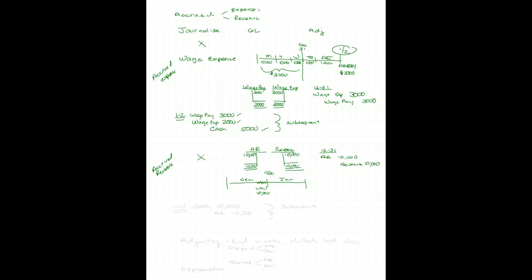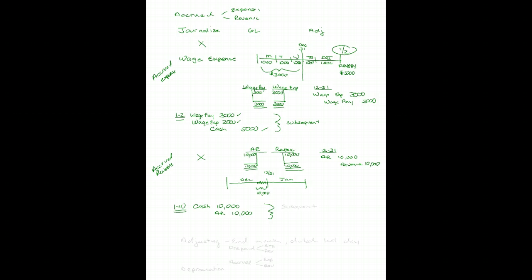Sometime in January, I'm going to get paid for this. One would hope, wouldn't you? Let's say on January 10th, that my customer paid me. So in January, next month, I'll pick up the cash of $10,000, and it doesn't go into revenue again. It comes out of accounts receivable. I already picked it up as revenue with that adjusting entry.